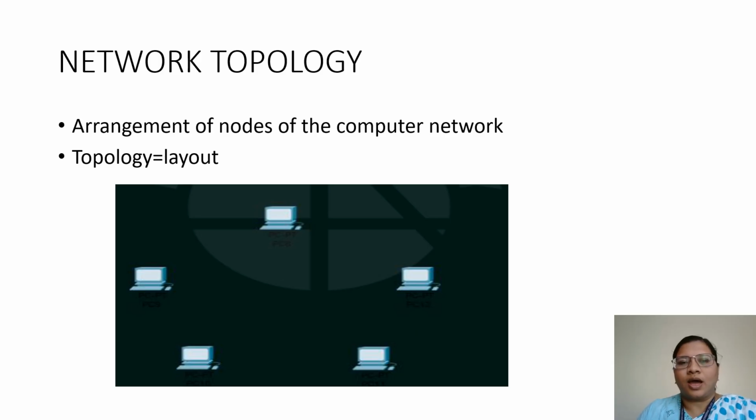If I'm going to set up a lab in a college or school, I'm going to keep the first 3 nodes on the first floor and the other 2 nodes on the second floor, and how are the first floor 3 systems and these 2 nodes connected? This is the layout. We are going to see how the arrangements are done. So that is why we say it's a network topology, the arrangement of nodes of the computer network. Topology means layout.